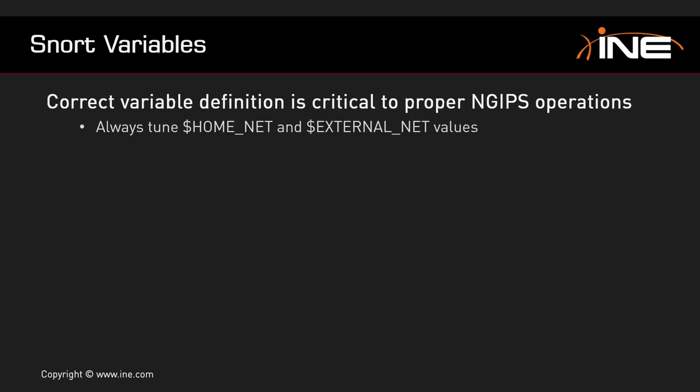Okay, so these two are what you will have to configure with accurate IP address information. The reason why they are critical is that most of these Snort rules are written using external net as a source and HomeNet as a destination as part of the rule's header definition.